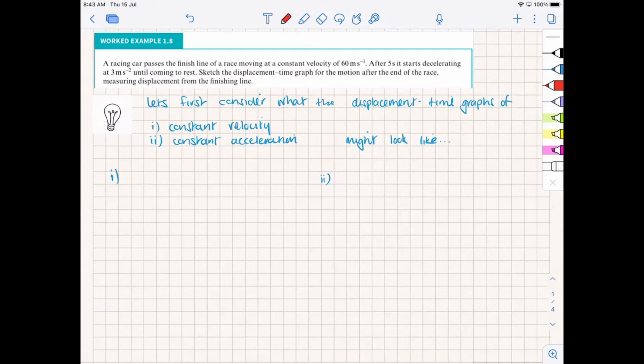let's consider what displacement time graphs look like for either constant velocity or constant acceleration, because those are the only two that we're probably going to deal with for a while. Okay. So, Zara, what is constant velocity?